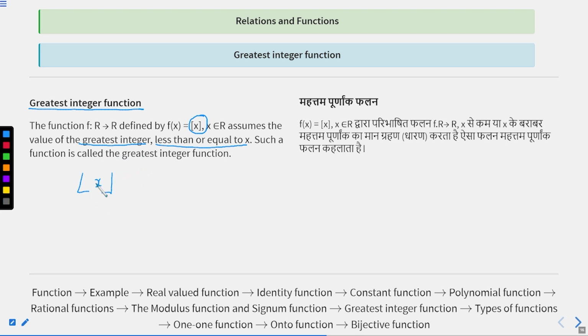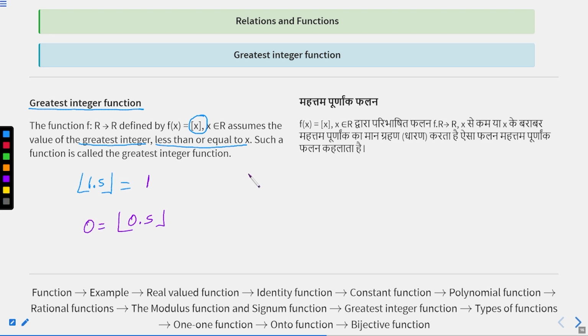For example, if I write 1.5 over here, then my output will be what? The greatest integer less than or equal to x. What will be the greatest integer less than or equal to 1.5? It is just 1. For 0.5, the greatest integer which is less than or equal to 0.5 is 0.